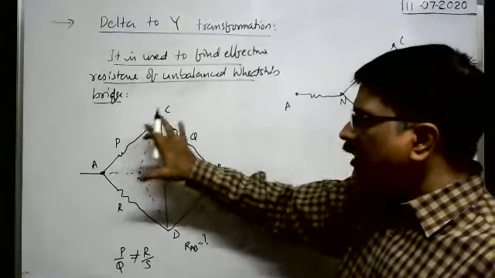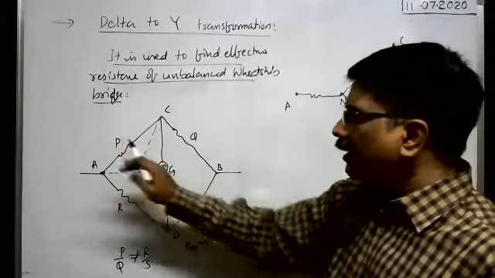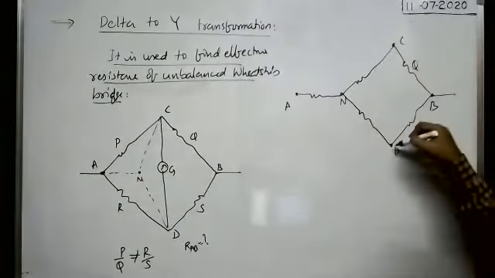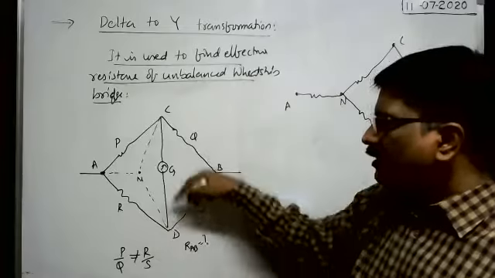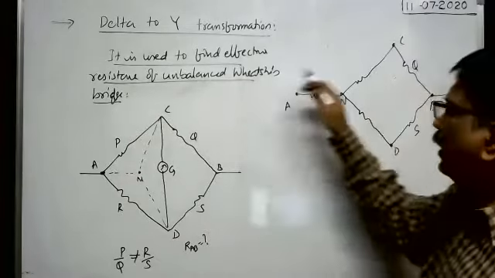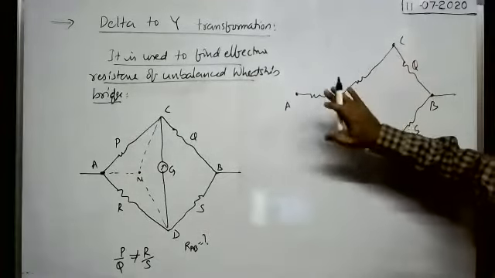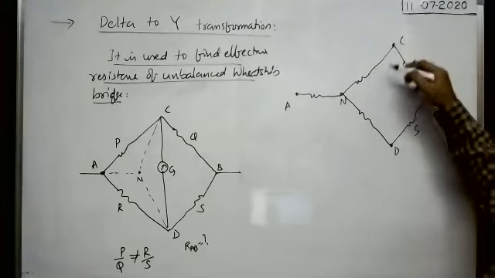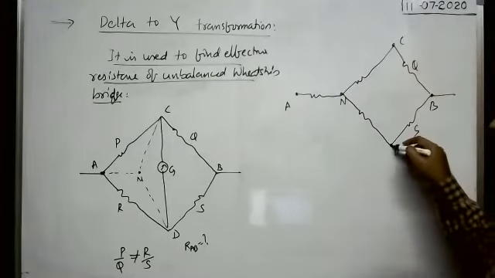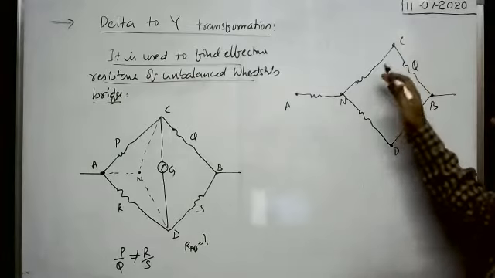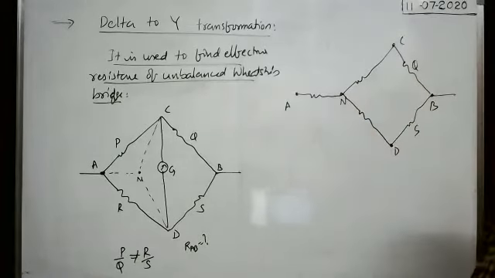These three resistances can be written in a simplified manner like this. Between C and D, the three resistances are in the delta form. They are split like this, in the form of a Y shape. You see, between C and D, the three resistances in the delta form are converted into Y form or Y junction.